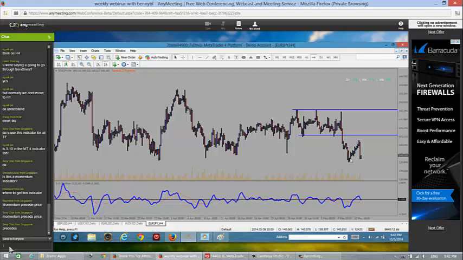Basically, you are waiting for the price to retrace back up. Now, when the price retraces back up, you want to see the blue line trading above the zero line, while the red dotted line remains below the zero line.